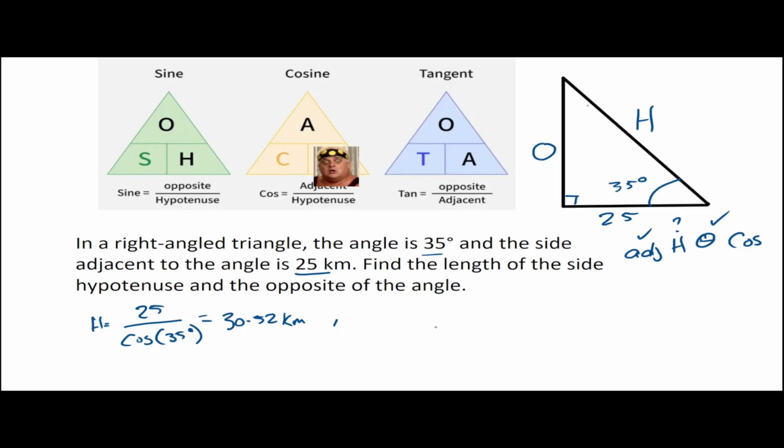Now the opposite side. For this one, we are looking for the opposite side. So which of these has opposite and hypotenuse? Oh, it's going to be sine.